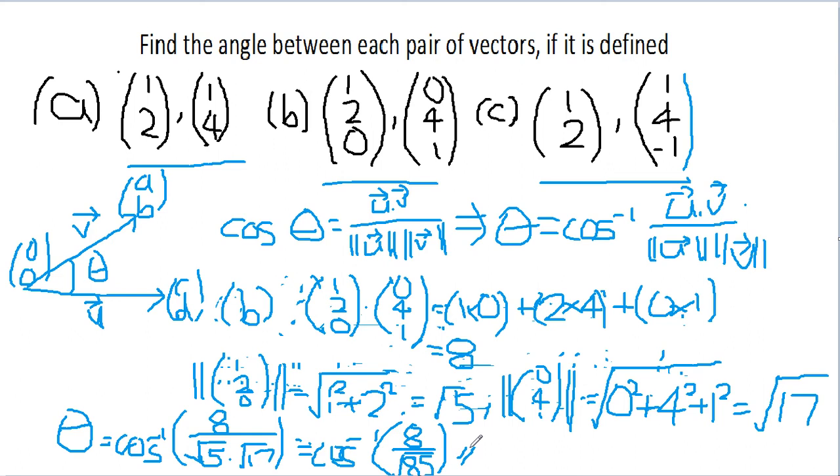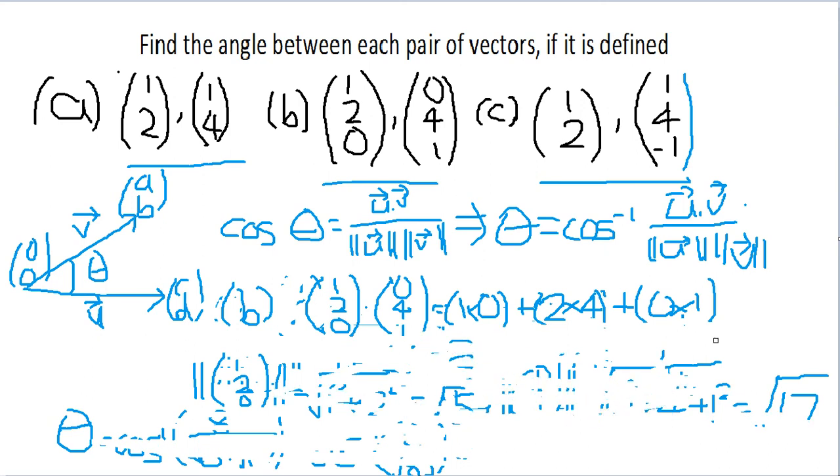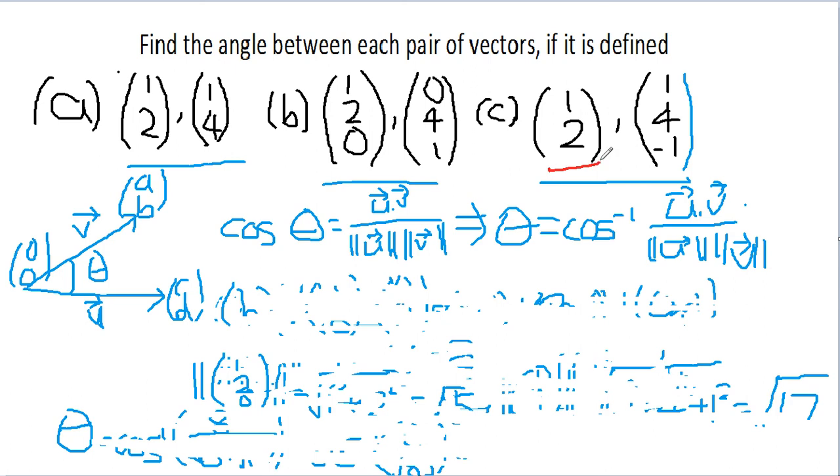For the last example, notice that they have a different number of rows and columns. This one has two elements, and this one has three elements.